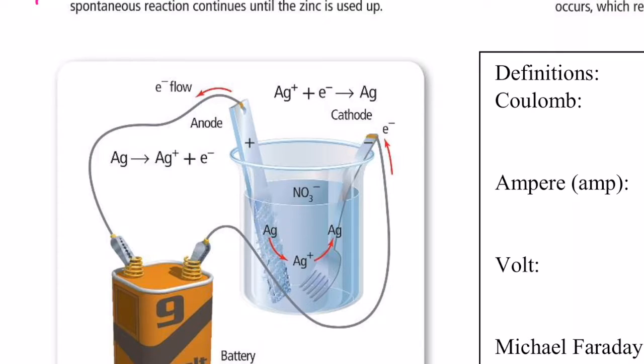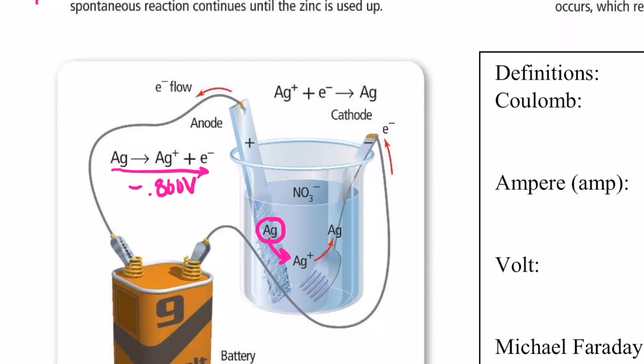Now, the process whereby silver is oxidized requires negative voltage. So the oxidation potential of this is 0.800 volts. That is non-spontaneous. What we want to do is take silver metal and turn it into silver ions.